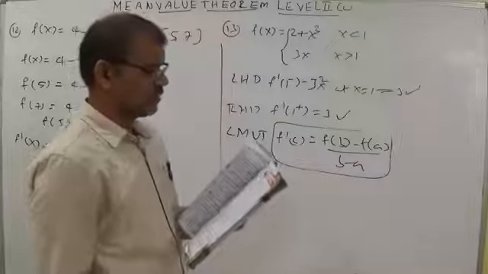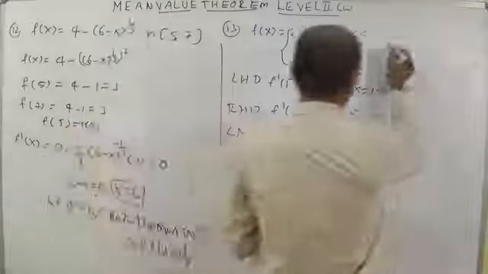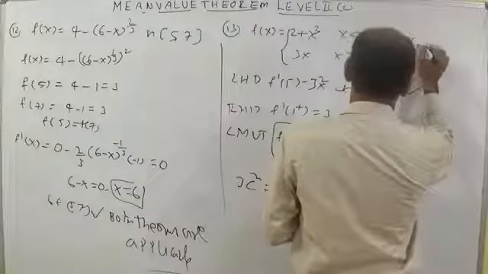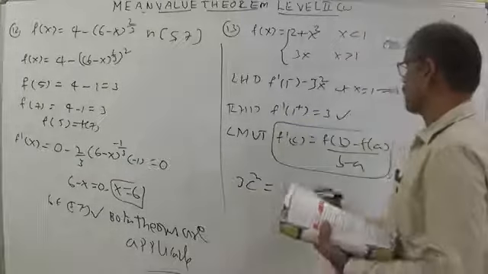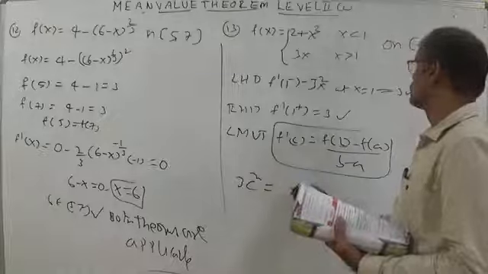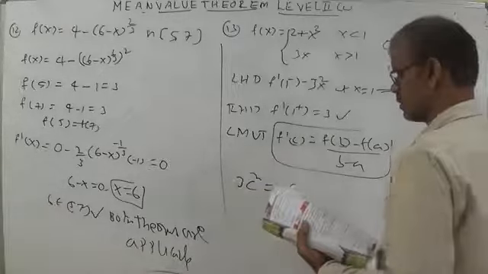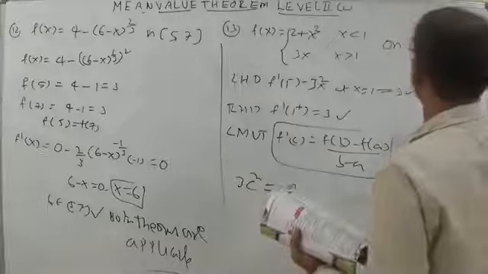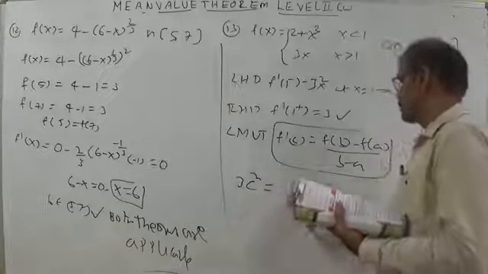What is the value he has given? Oh, he has given the interval minus 1 comma 2, students. So f of b is 2 plus 8, for x greater than 1. F of b means here 2, 3 into 2.